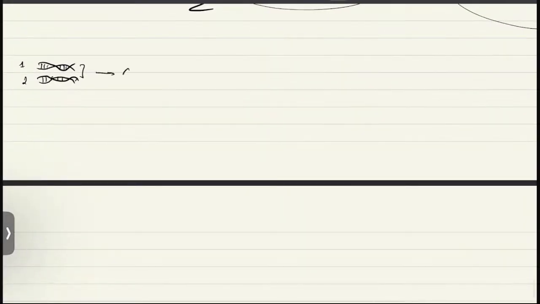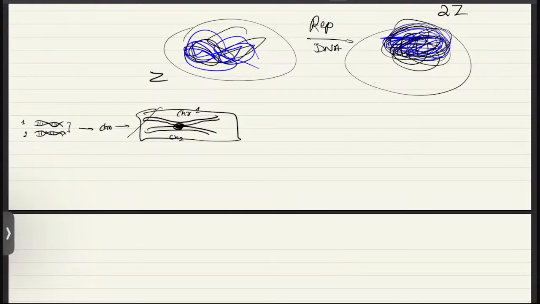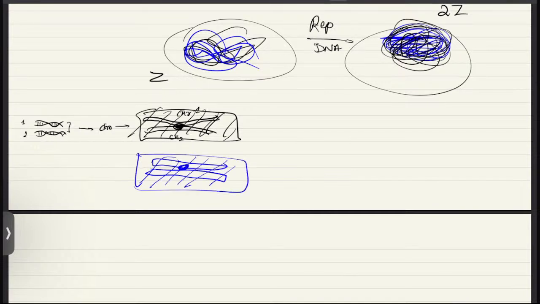But when you turn it into a chromosome, this is chromatid 1, this is chromatid 2. They are attached at a centromere. So technically, this is only one body, and 2 such bodies are present.